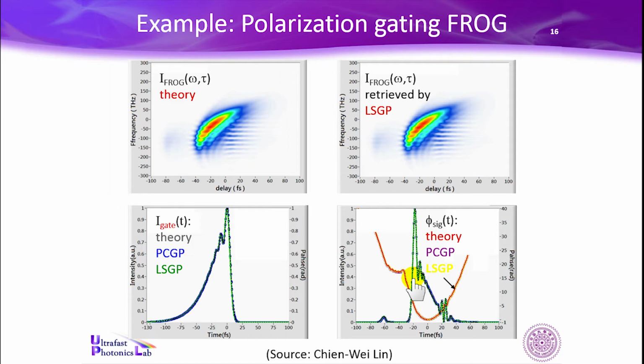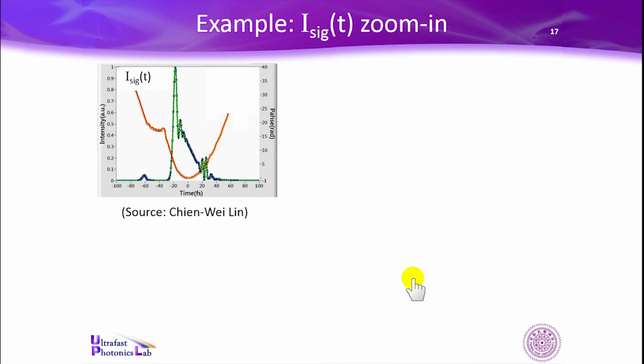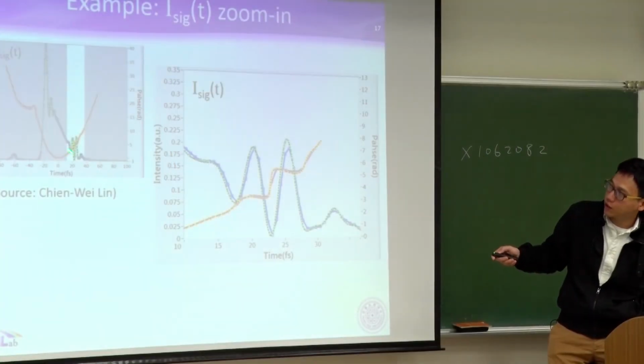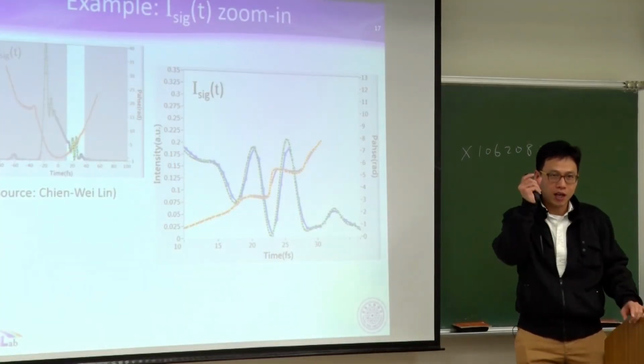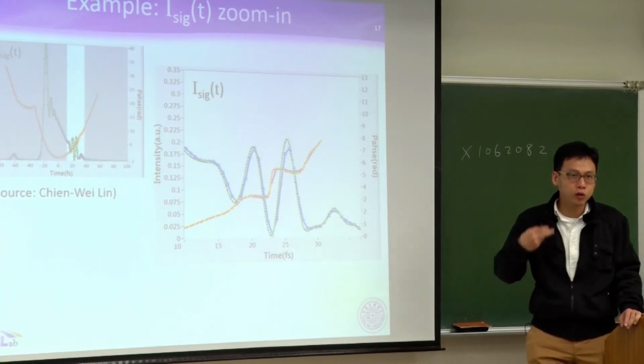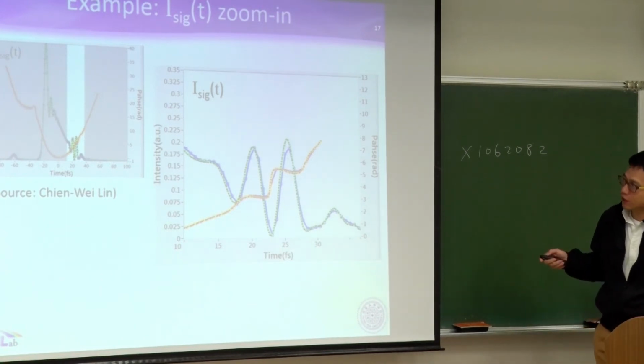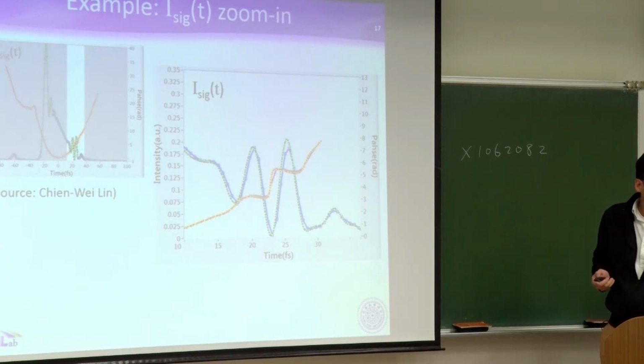But if you zoom in, this is the replot of the signal pulse reconstruction in the time domain. I just pick a small temporal window for zoomed-in observation, shown here.